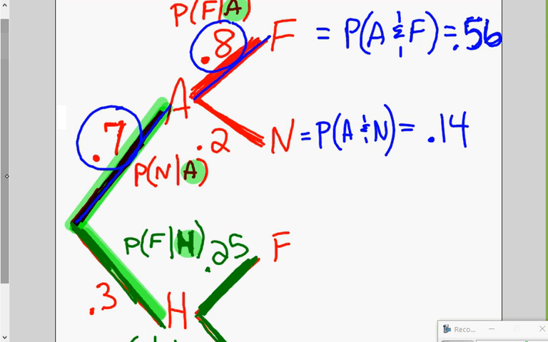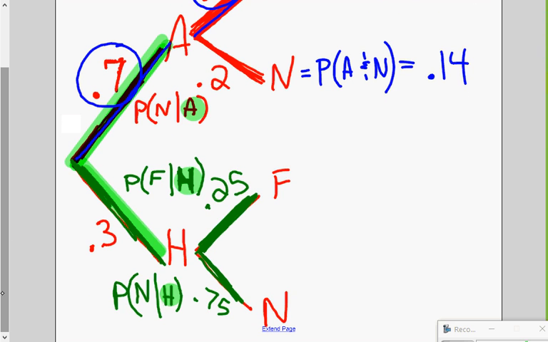So if 100 kids were surveyed, 56 of them would be attending the concert and fans of the band. 14 of them would be attending the concert but not fans of the band. There's 2 more outcomes, right? There are some kids not going, but they still like the band. And to get that, we're going to multiply 0.3 times 0.25.